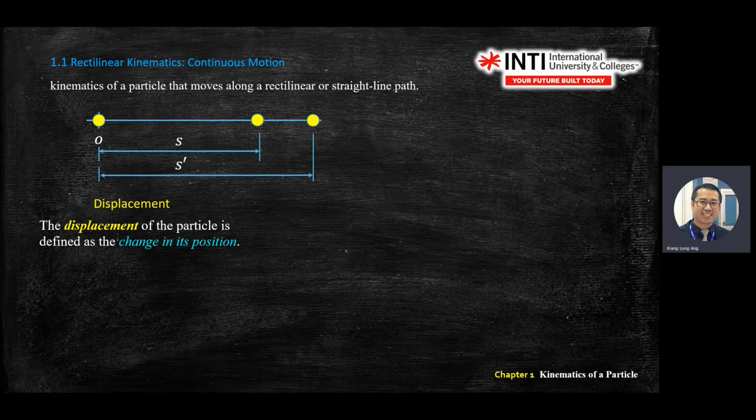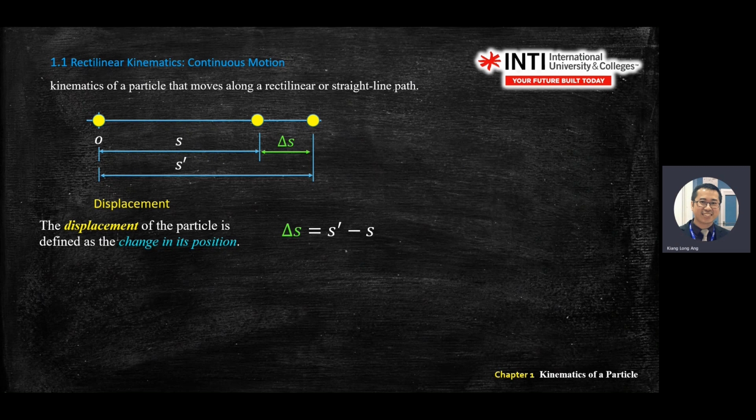In this module, if you don't see anything, it means the original parameter. If you see something like S prime, it means the first change of position, in this case the second position. To calculate displacement, delta S equals S prime minus S. You take the final position minus the original position.